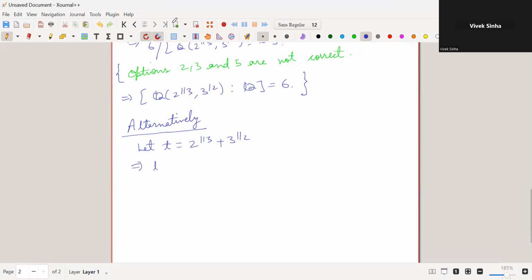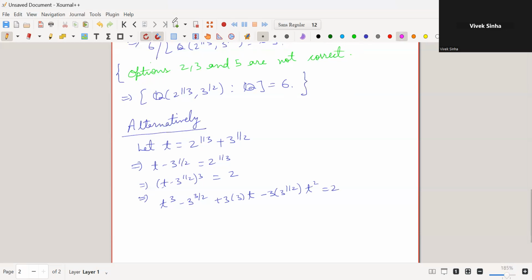So this implies that t minus 3^(1/2) is equal to 2^(1/3), and that means if we take the cube of it and expand this cube, this will be t cube minus 3 root 3 plus 3 times 3 t minus 3 root 3 t squared equal to 2.